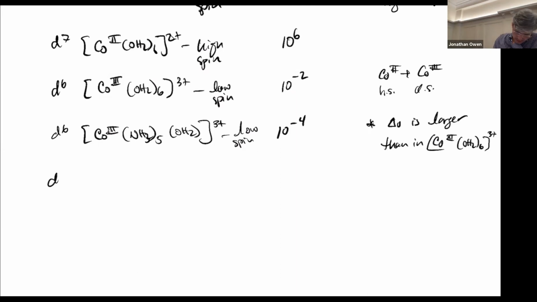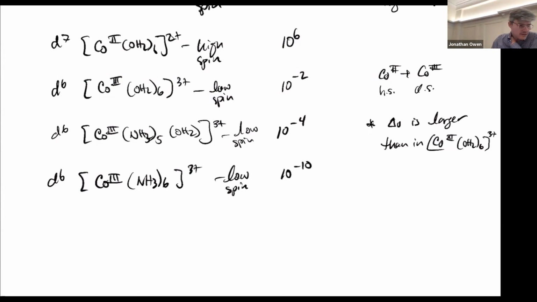Let's take a look at a more clear-cut case. Let's look at the cobalt hexamine 3+, which is also low spin. Its ammonia substitution kinetics are 10 to the minus 10. So ammonia is more strongly bound than water.